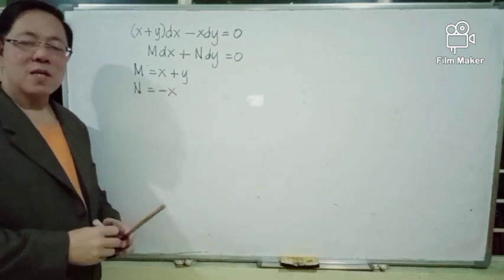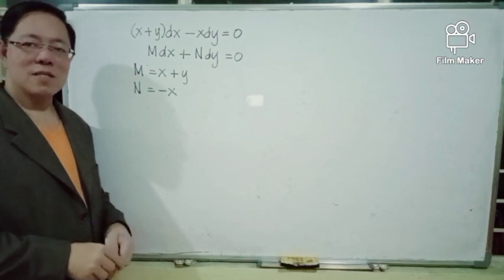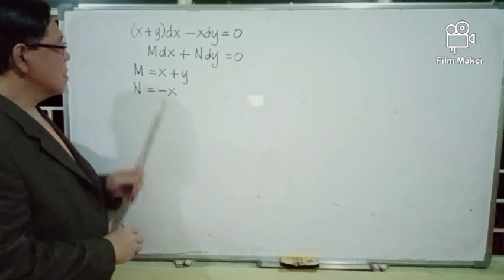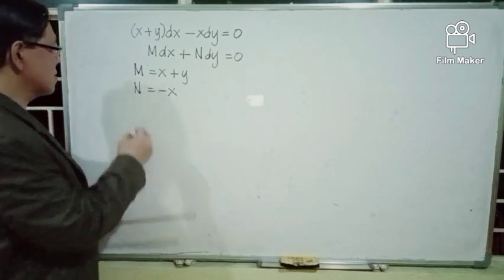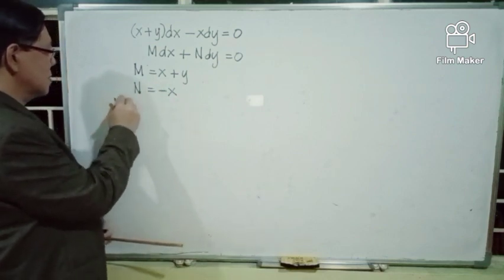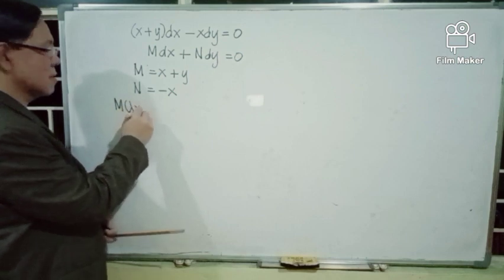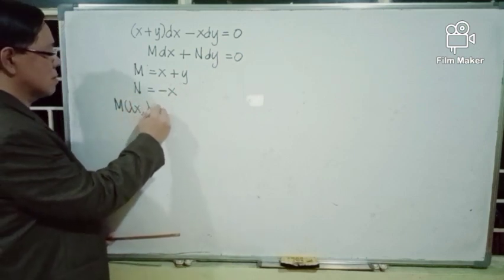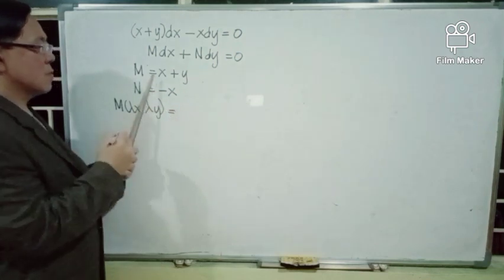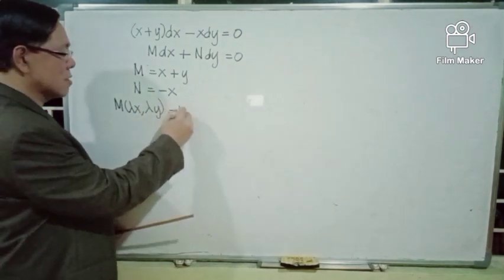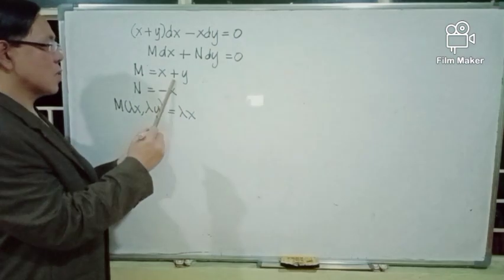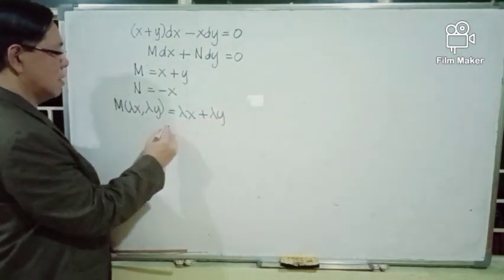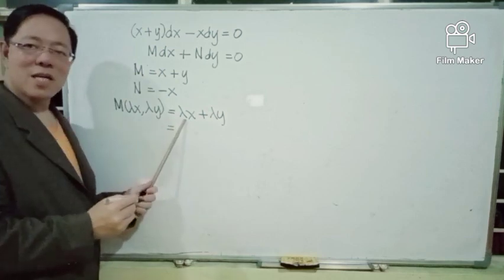We check if this is a homogeneous function by replacing x with lambda x and replacing y with lambda y. Lambda is a common factor.